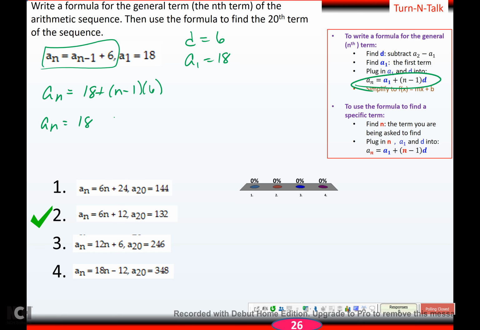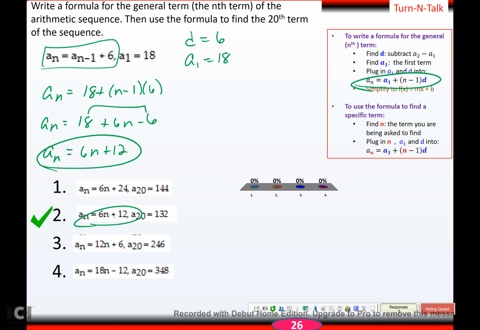Simplify it. I have 18 plus 6n minus 6. Combine like terms. A sub n equals 6n plus 12. And to find a sub 20, I take 6 times 20 plus 12. That's going to be 120 plus 12, which is 132. Okay?